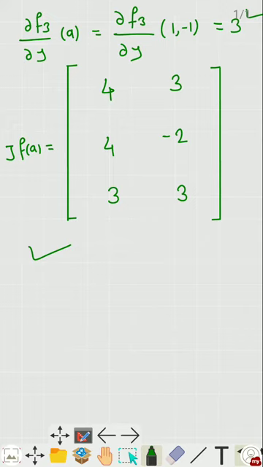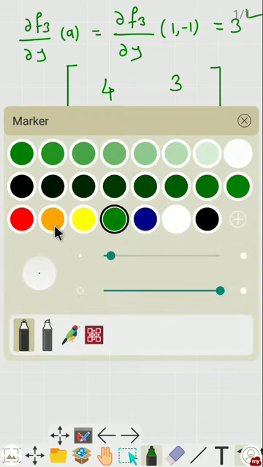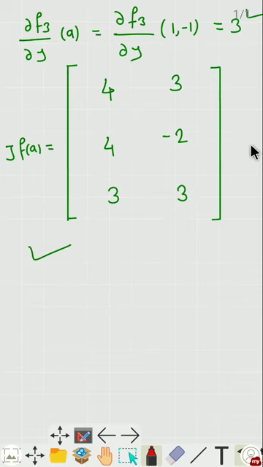So similarly, let us go to the next question now. Let us go to question number 2, or example second.